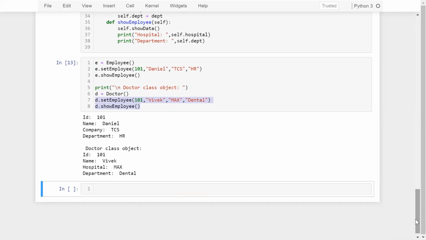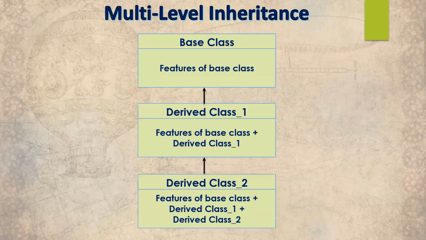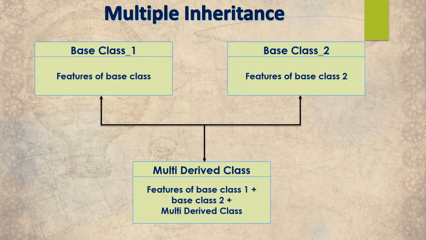So guys, I hope you understood the concept of hierarchical inheritance, multi-level inheritance and multiple inheritance. Okay. So guys, inheriting is the process of creating a new class called the derived class from the existing class, called the base class. The inheritance has many advantages, the most important of them being the reusability of code rather than developing new objects and attributes from scratch.